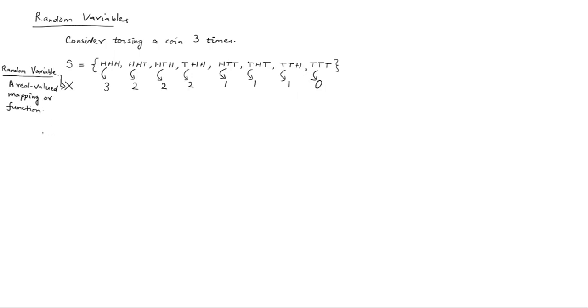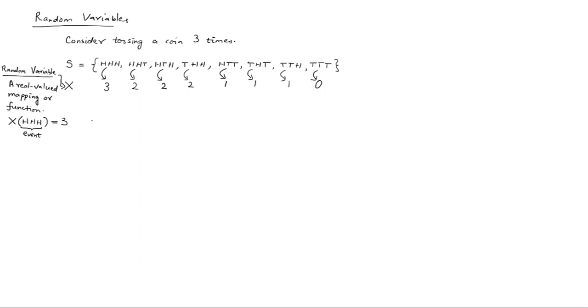For example, when you input this event in the function X, it outputs 3. So it's a function that takes in an event, and for each event it outputs a real number. In this case we assigned 3. I could have assigned 3.68, for example. So any real number can be assigned. So that's what a random variable is.